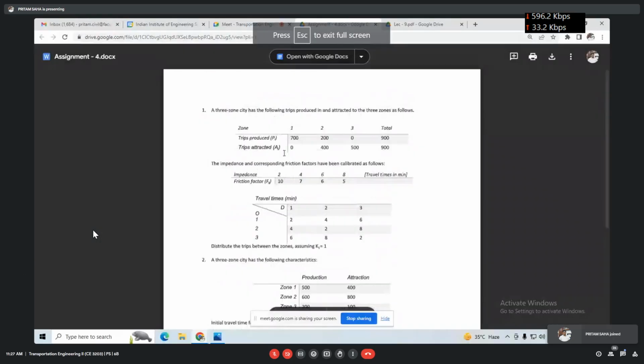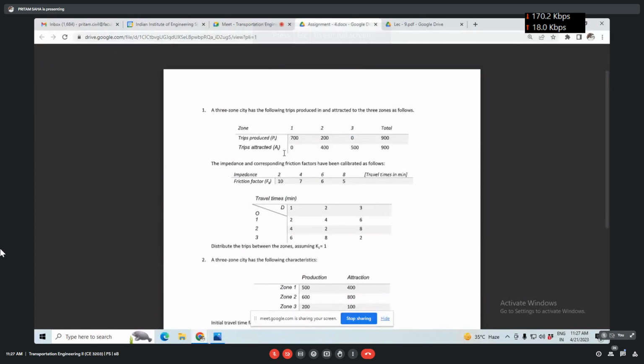You know, look at your problem. The first one says that a 3-zone city has the following trip produced in and attracted to 3 zones as follows. Okay, so you have data for trip production, TI, and you have data for trip attraction based on your trip generation model. You can see that in zone 1 it is 700, in zone 2 it is 200, in zone 3 it is 0.